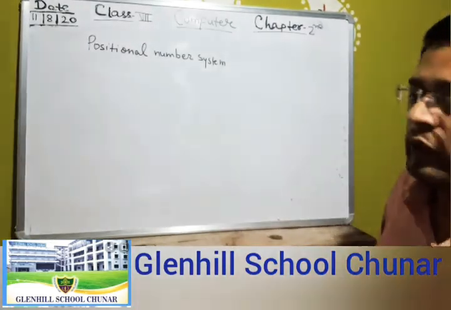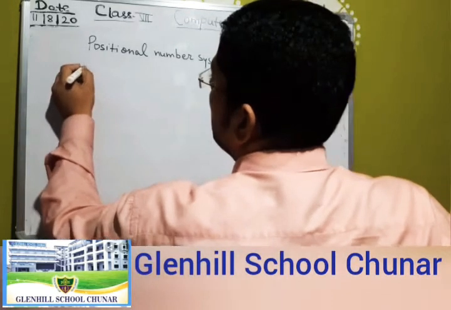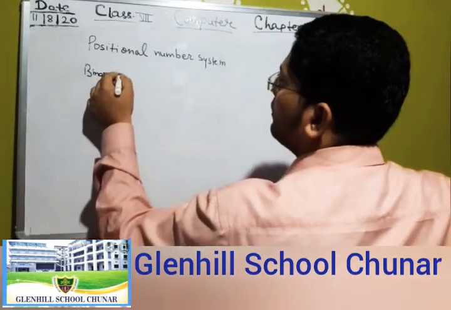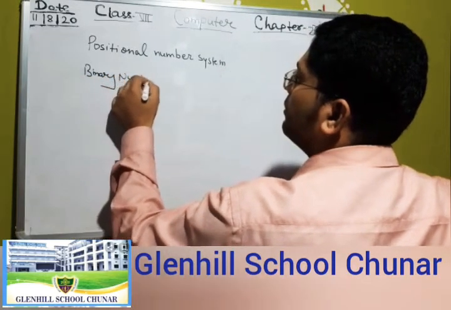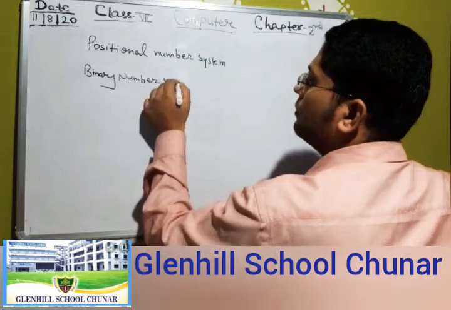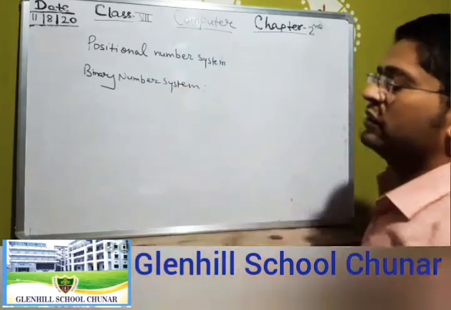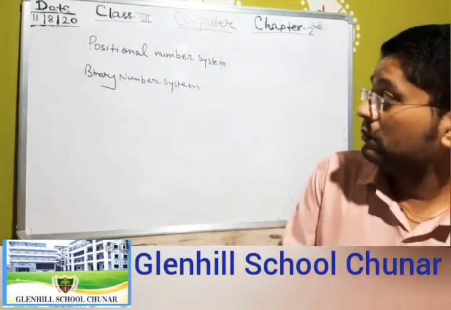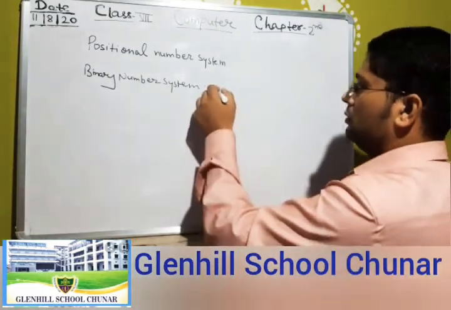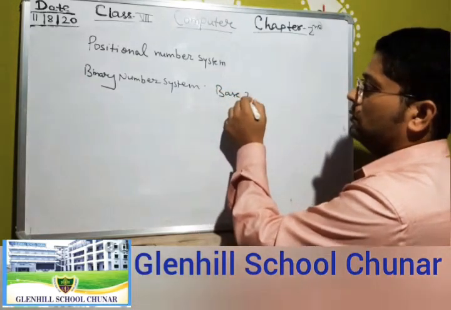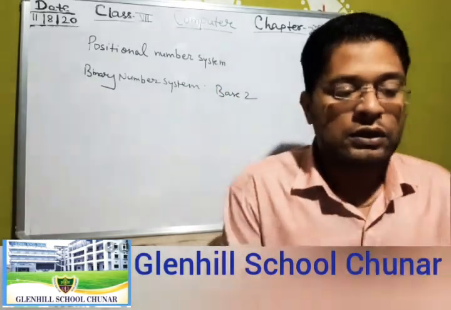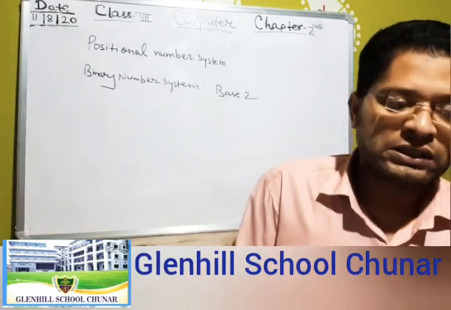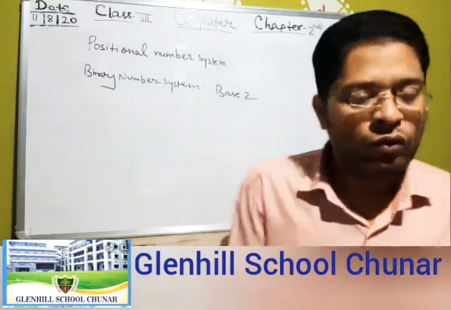Okay, and today we take the topic binary number system. So the binary number system has base 2, you know well. It represents numeric values using two symbols, typically 0 and 1.